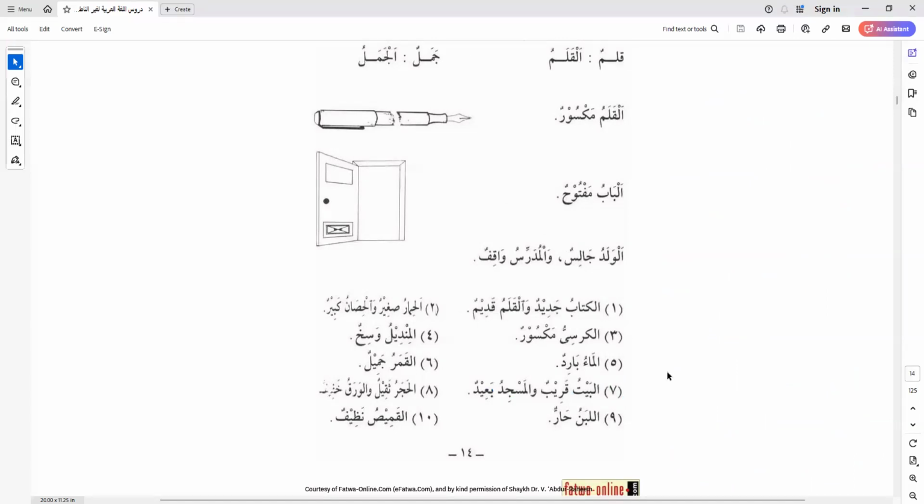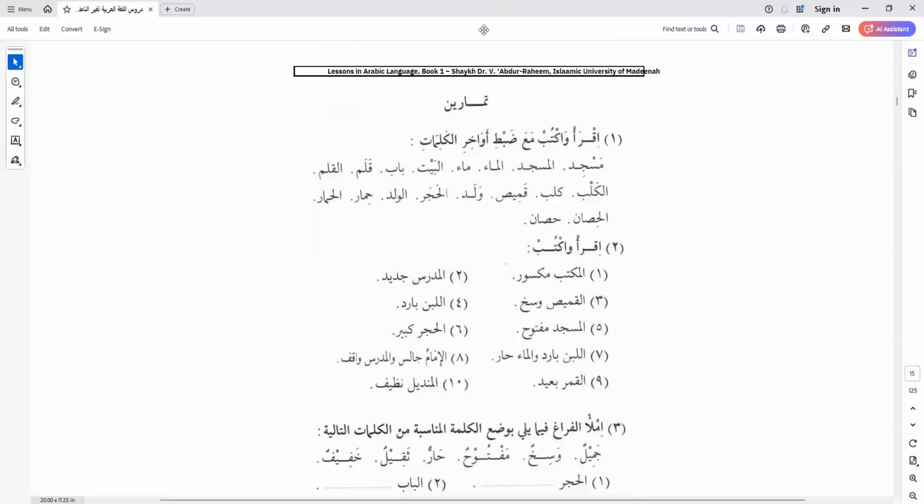Let's look at tamarin, exercises. اقرأ واكتب. Read and write. مع الضبط.